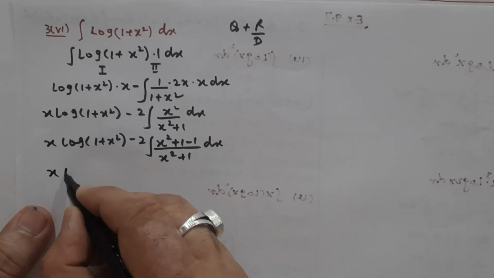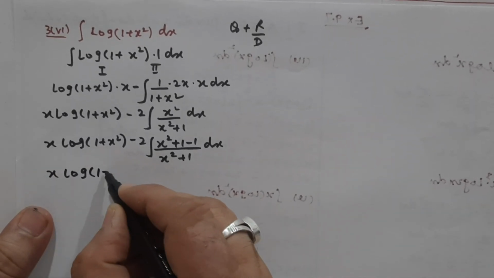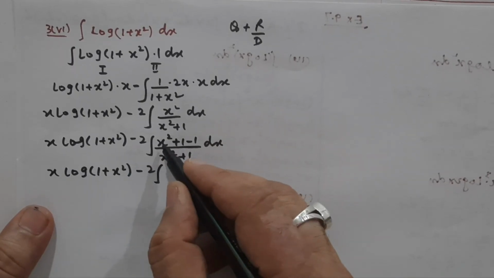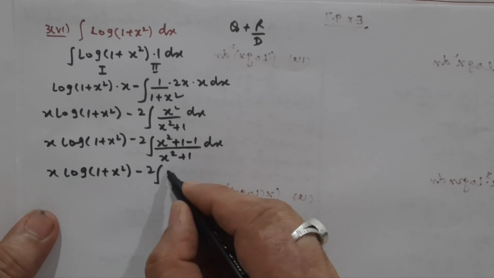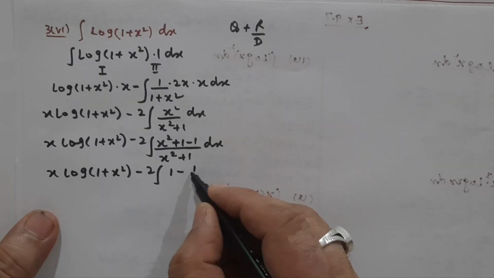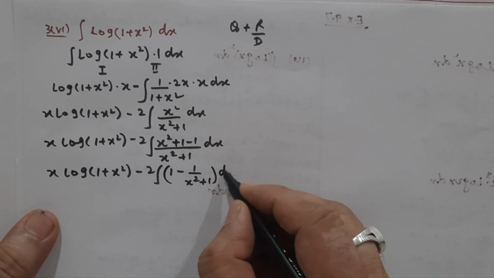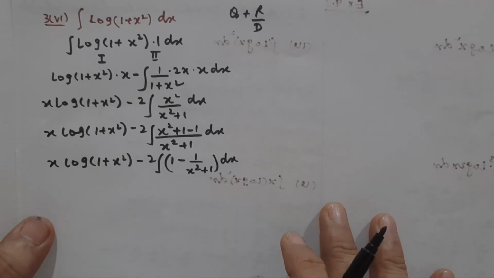So what we get, x log(1 + x²) minus 2 times the integral of ... Now separating, students, (x² + 1) upon (x² + 1) we get 1, and 1 upon (x² + 1) dx.